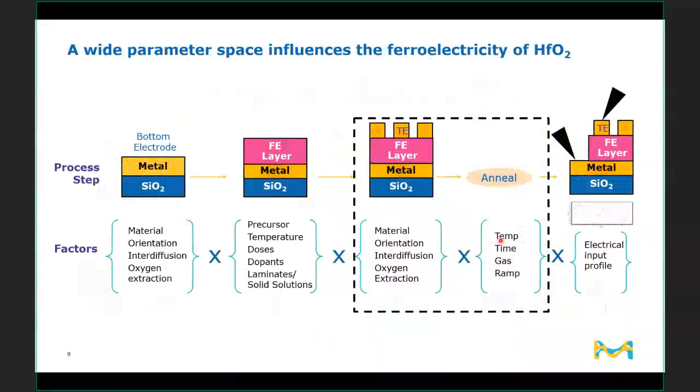In order to do that, to get that crystal structure, we have a very wide parameter space to play with. So there's every aspect of this very simple stack, the metal, ferroelectric, metal stack that goes into making this, and the processing conditions in between can really have a strong impact. So, for example, the bottom electrode could induce how the ferroelectric material grows during a subsequent growth step.